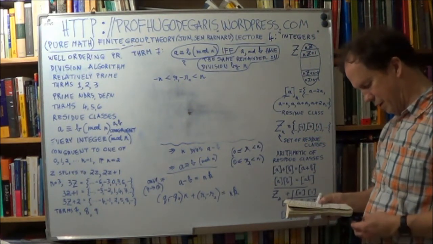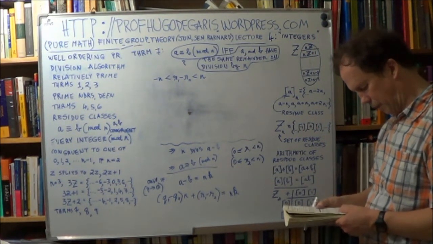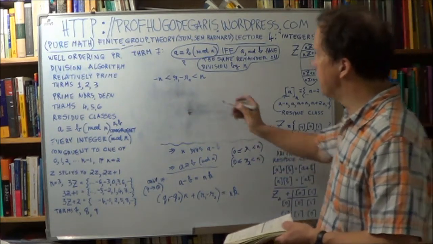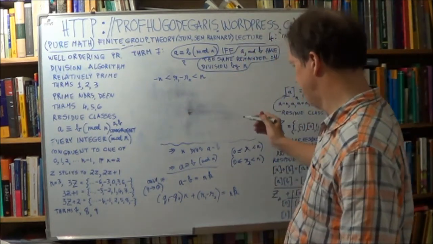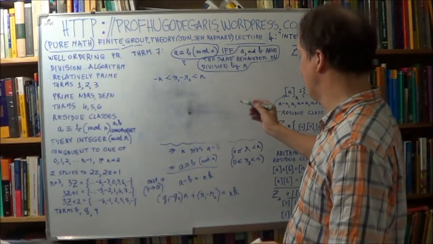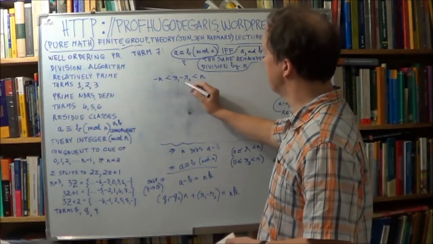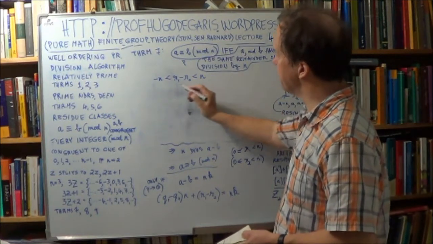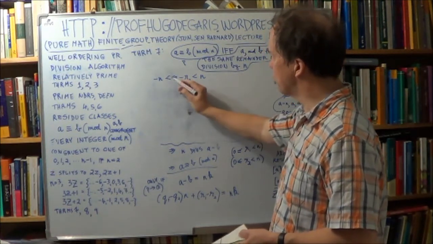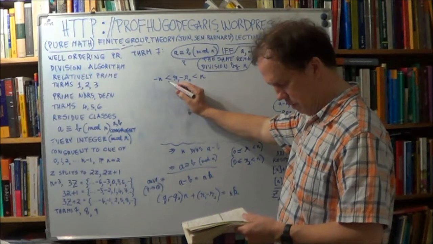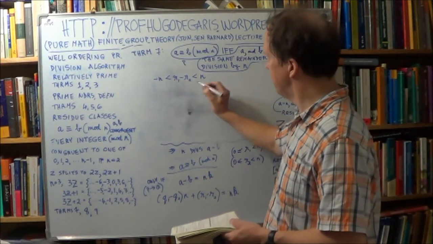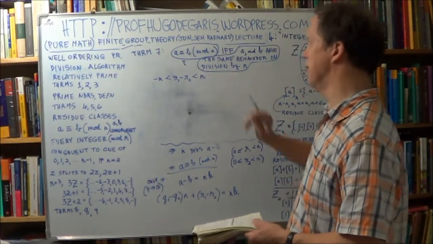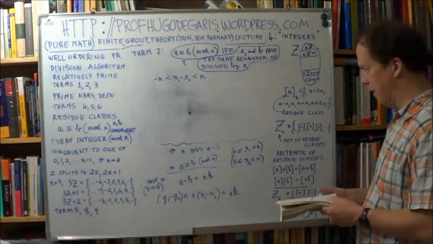So this difference here between the two residues, the two remainders, lies strictly between minus n and plus n. Okay?